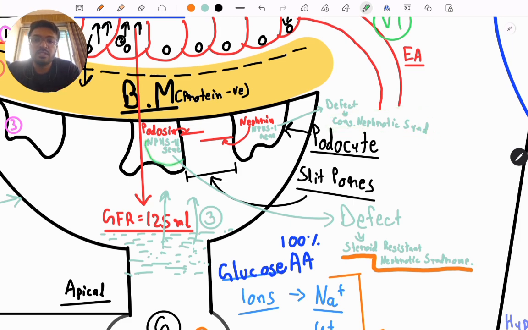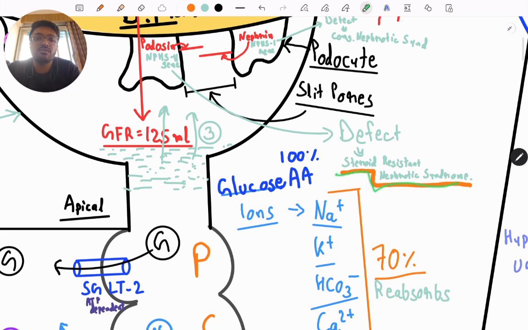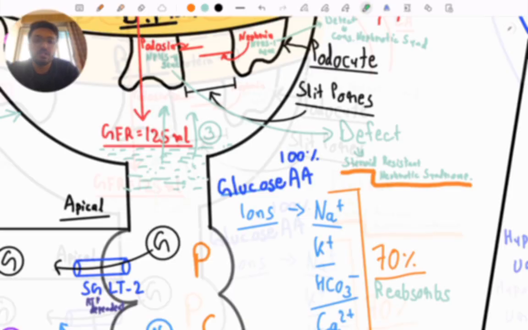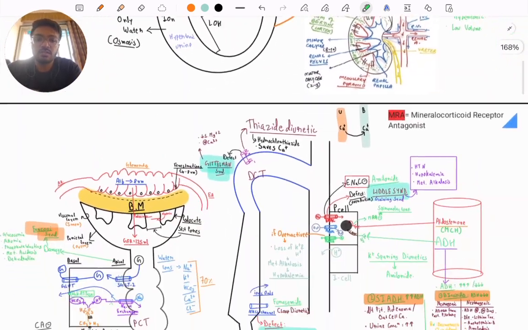If the NPHS2 gene, which codes for podocin, gets defective, then the person will suffer from steroid resistant nephrotic syndrome, which means that the person is going to still lose protein into the urine even though given steroid treatments. Let's move towards some other disorders in the below diagram.